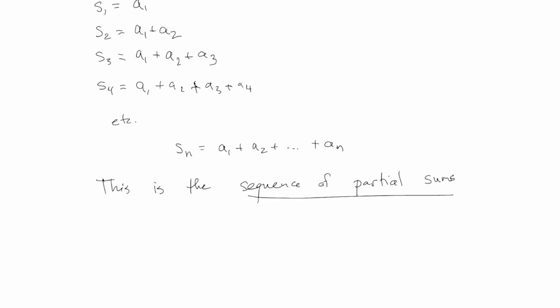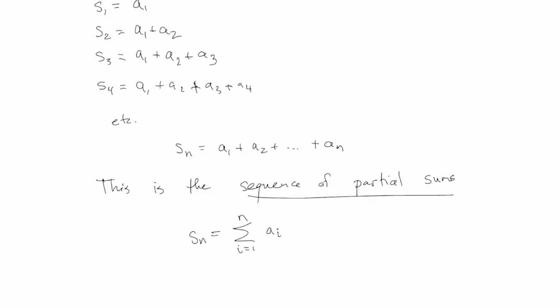That's why it's called the partial sums. They are just summing the first part up to a certain point. Of course, you could also write it this way: S_n equals the sum, i equals 1 to n, of a_i. You add them up, starting at 1, going all the way up to n. That's what the sequence of partial sums is.